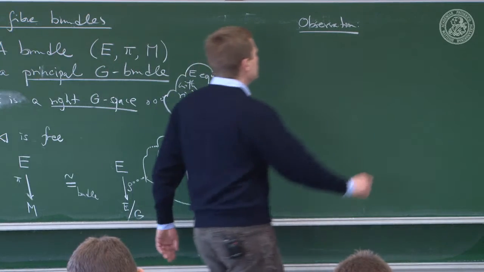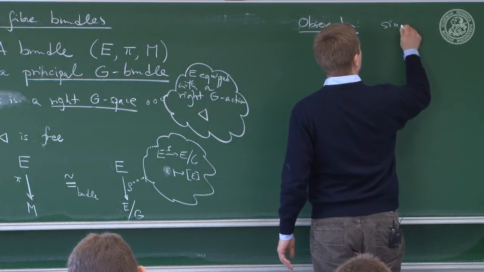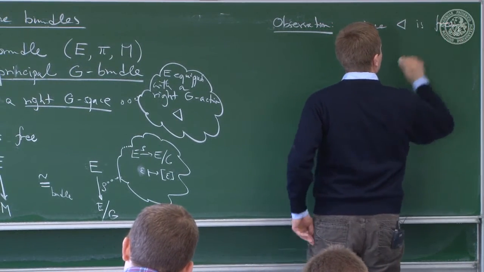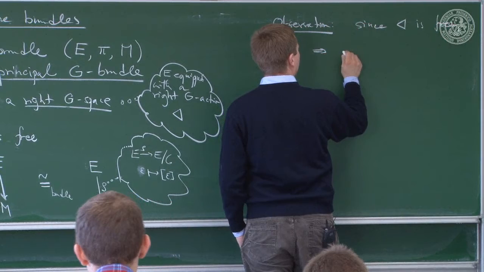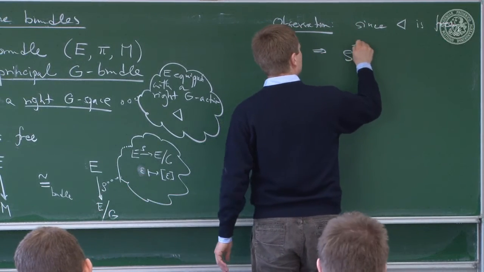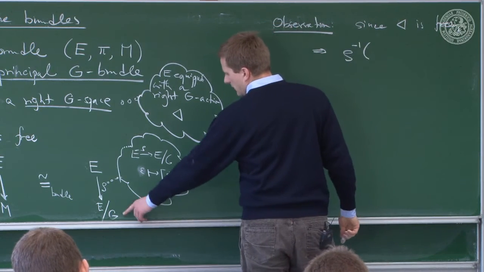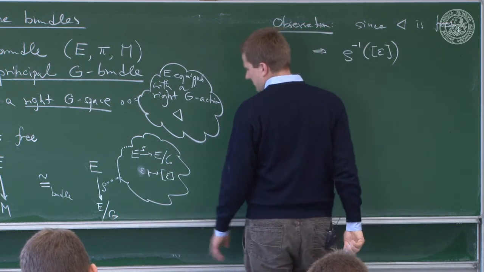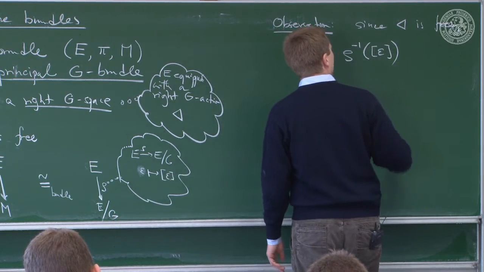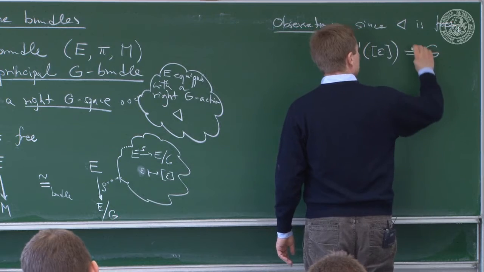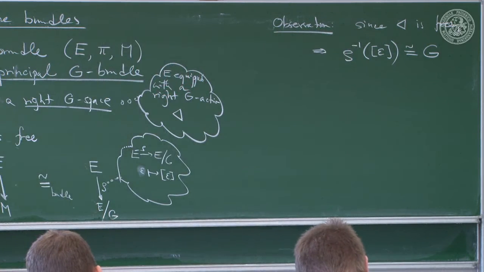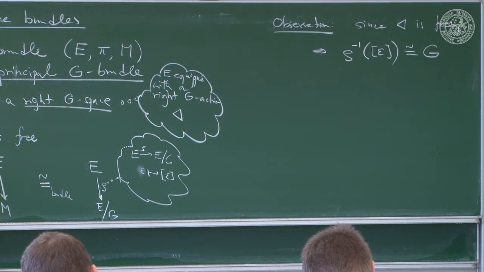So an observation is, since the right action is free, it follows that the fibers of this bundle, so the rho inverse of the equivalence class of epsilon, I don't want to invent yet another symbol, is diffeomorphic to the Lie group. Okay, but this is just an observation.